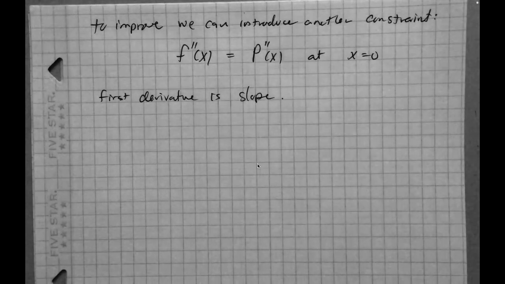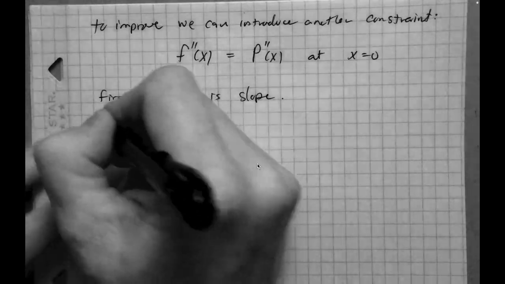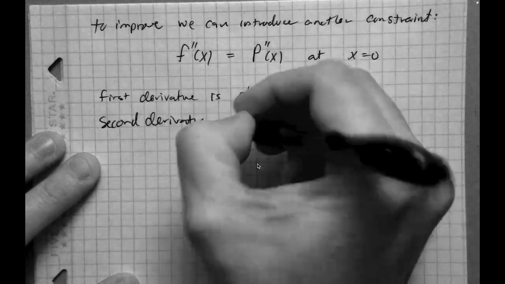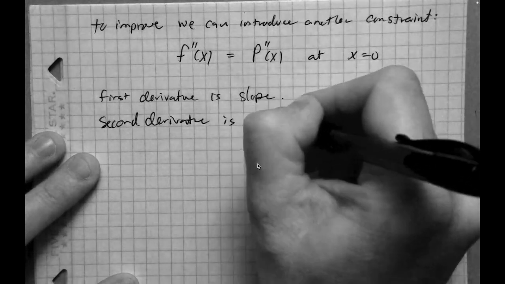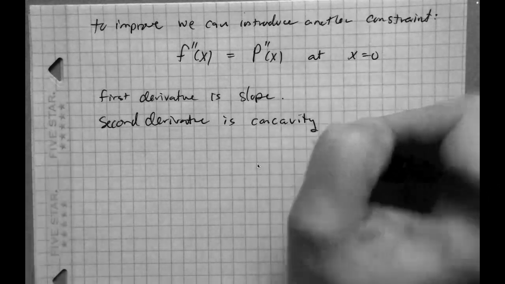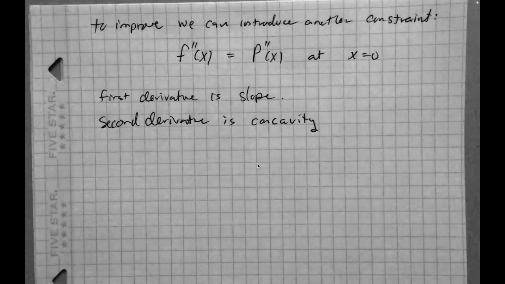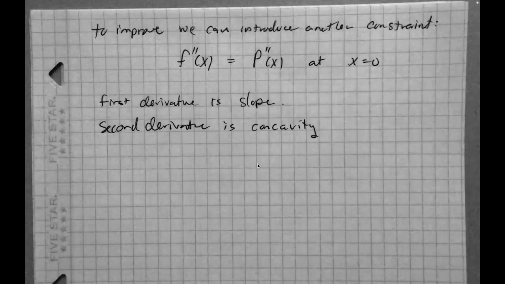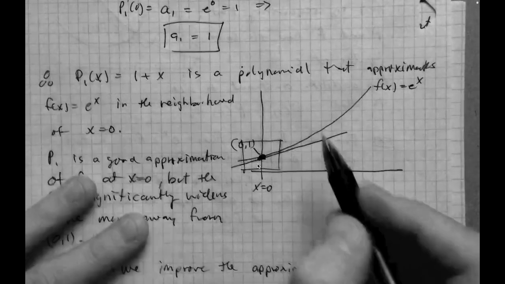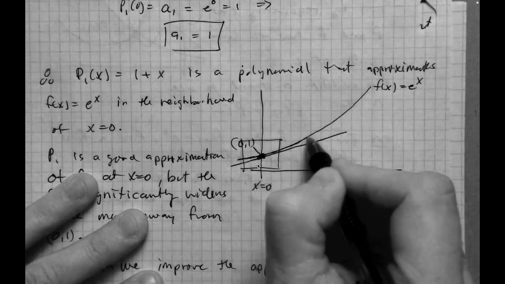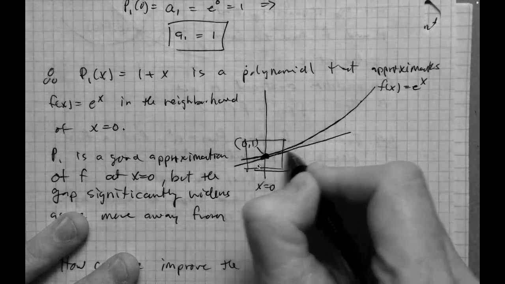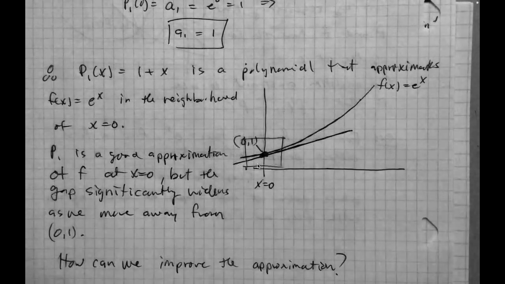When we introduce the second derivative, what are we introducing? Well, it's concavity, isn't it? That's kind of what's missing from our approximation that we just looked at. So let me pull this picture back up here. You can see here that f is concave up, whereas P1 is just a straight line. There's no concavity to it.